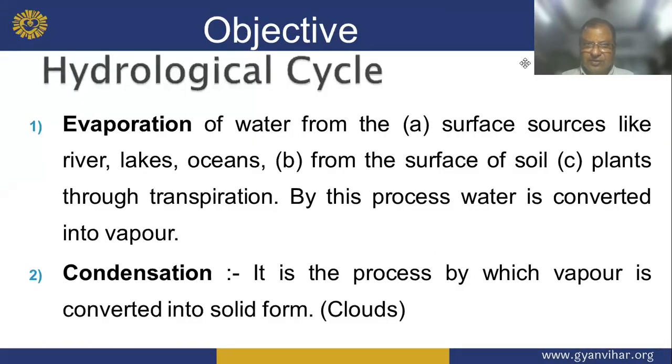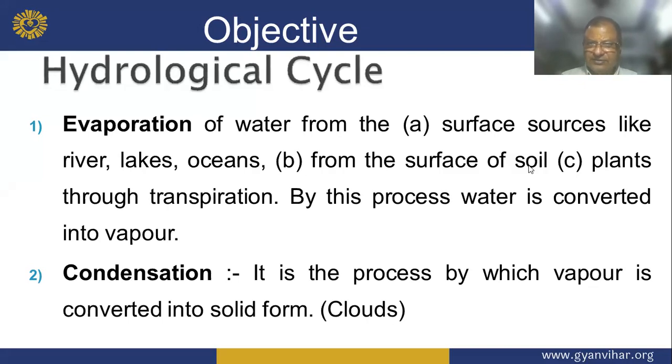Hydrological cycle. Evaporation of water from surface sources like river, lake, ocean, from the surface of soil, and from plants through transpiration. By this process, water is converted into vapor.